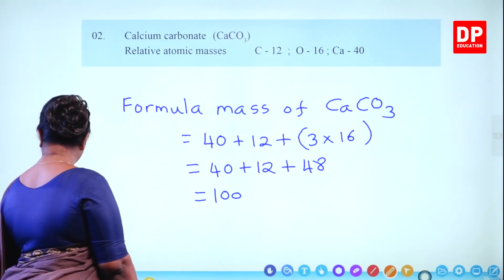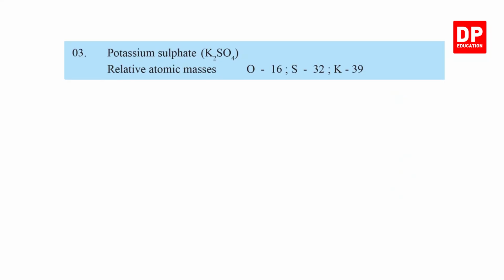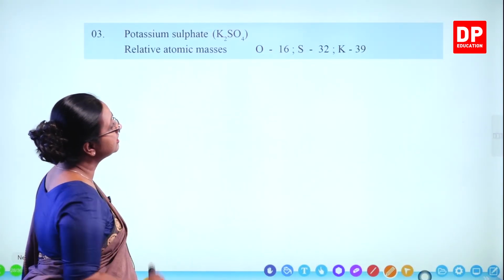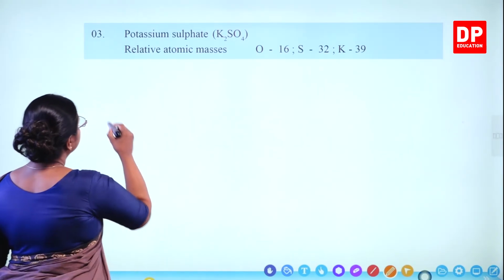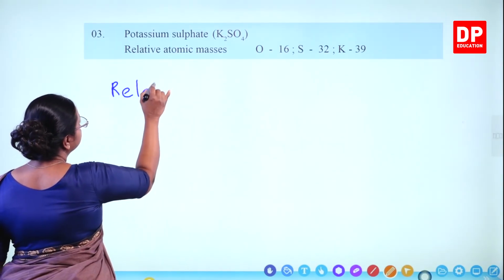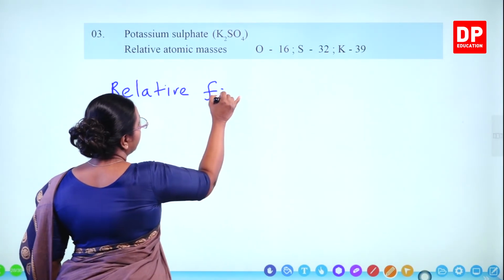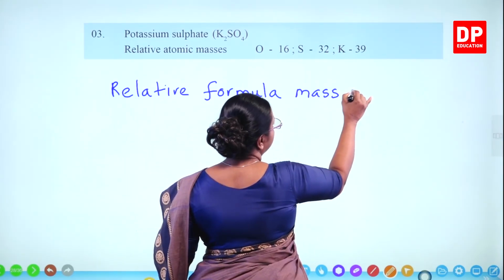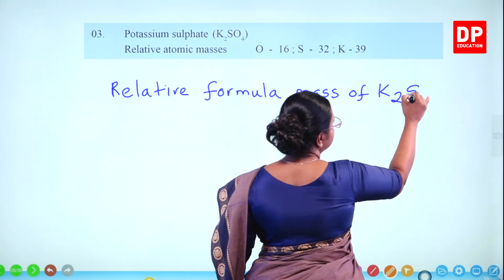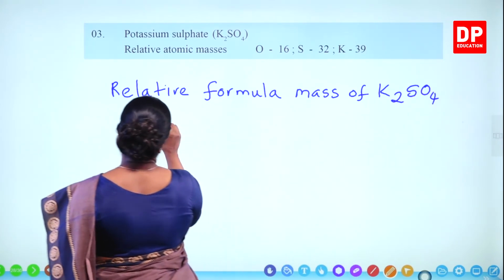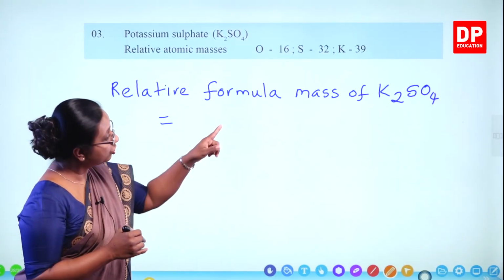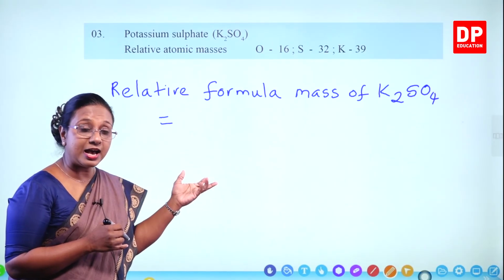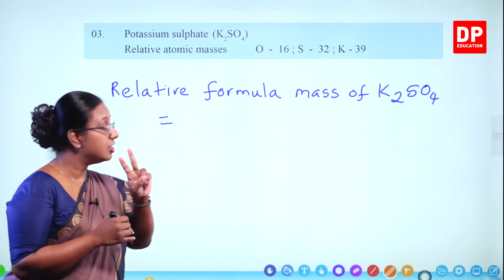Then the next question. Potassium sulfate, K2SO4. Relative atomic masses are given: oxygen 16, sulfur 32 and potassium 39. So the relative formula mass of potassium sulfate is equal to, first is potassium. How many potassium atoms are there? Actually here they are in the form of ions. There are 2.